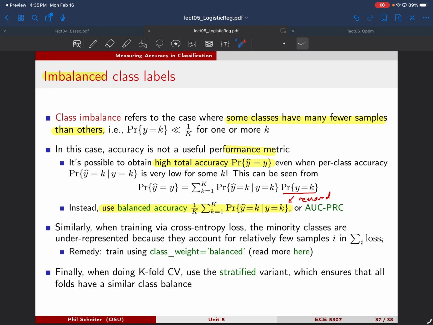The place you would use balanced accuracy is not in the training exactly, it's in the hyperparameter selection. If you think back to logistic regression, when we formulated it, we never talked about a goal such as maximizing accuracy or precision or recall. We just said we have this logistic model and we want to do maximum likelihood, and boom, we get some weights. The place where this matters is when you have hyperparameters and you want to do cross-validation.